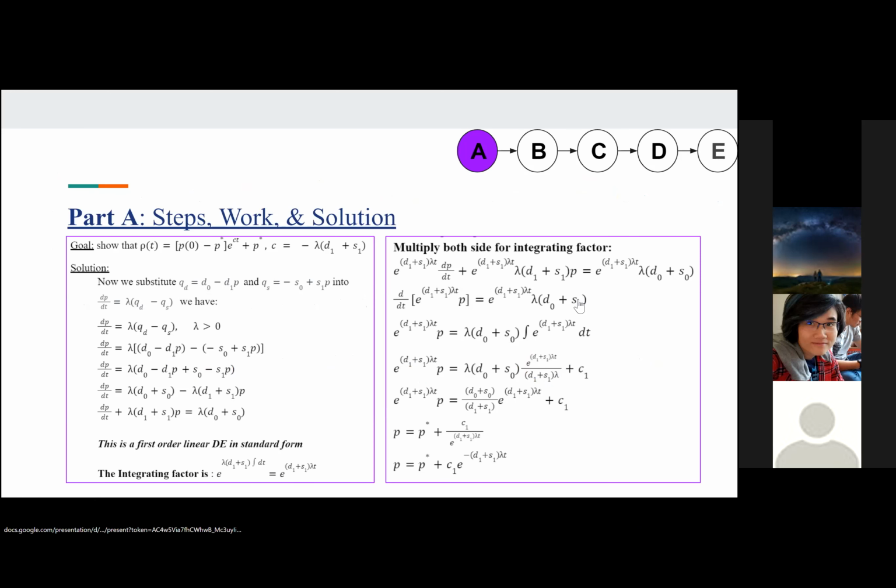Now back to our solving step. We take the integral of both sides and get the final equation, P equal to P star plus C1 e to the power of negative D1 plus S1 lambda t.